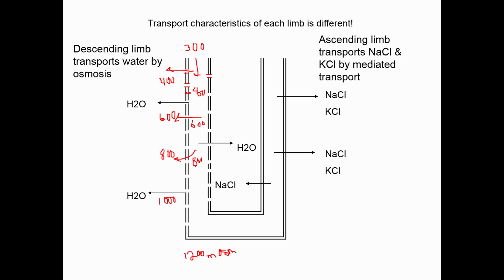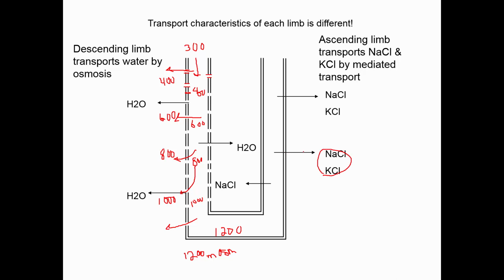Now you have 800 milliosmolar surrounded by 1,000 milliosmolar, and water leaves by osmosis, and the inside becomes 1,000. And now you have 1,000 surrounded by 1,200, and water leaves, making the inside 1,200. So we're removing water on the way down and leaving the salts behind. On the way up, we have transporters that transport sodium and chloride, and then we introduce a loop transporter that reabsorbs sodium chloride and potassium chloride.